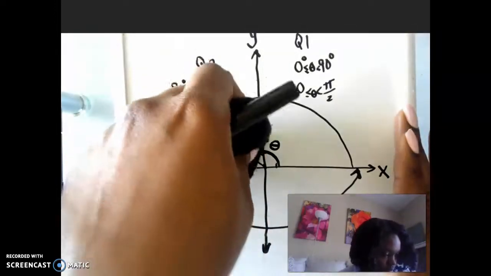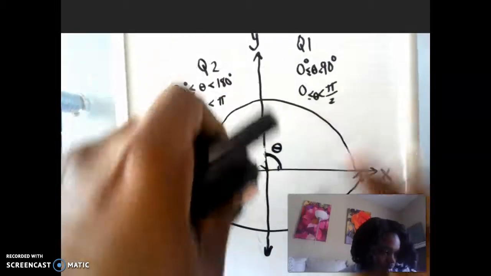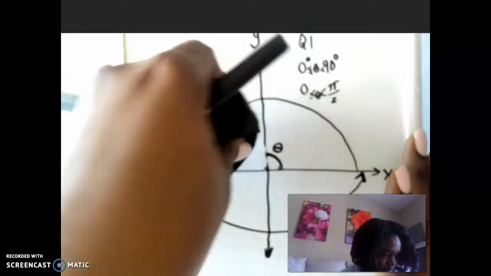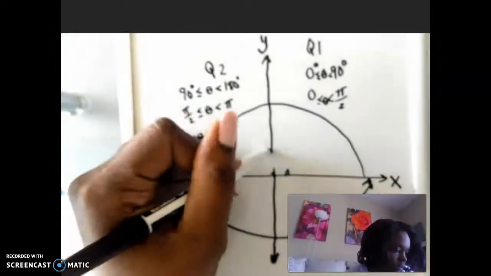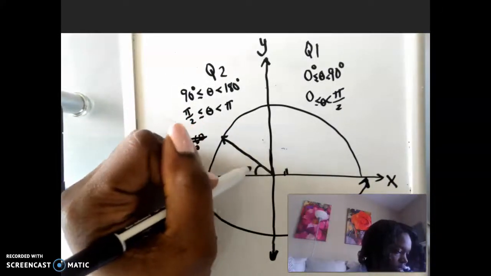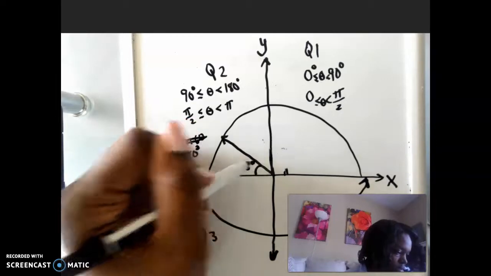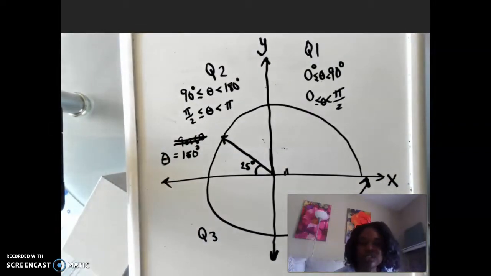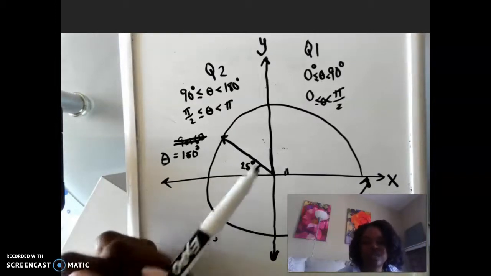Alright, similarly, they can also give you, let me erase a little bit here. Then they can also give you the same vector, but say that this angle here is, for example, 25 degrees. Again, you should notice, wait, 25 degrees doesn't make sense because it's in the second quadrant.